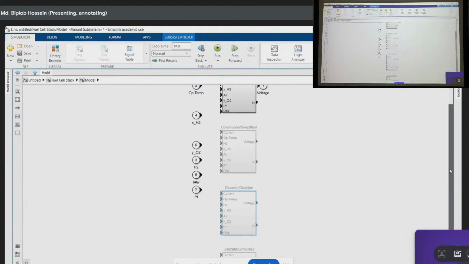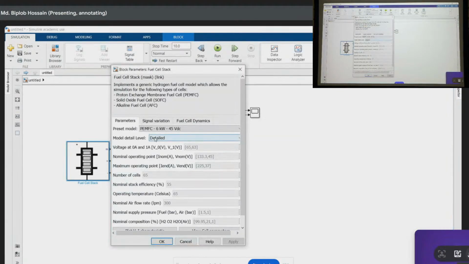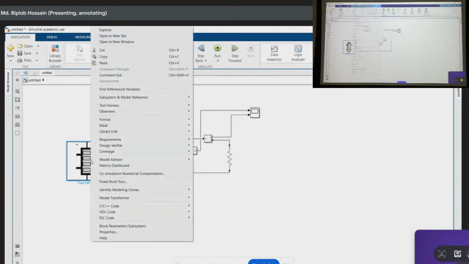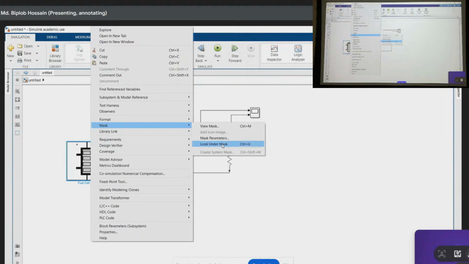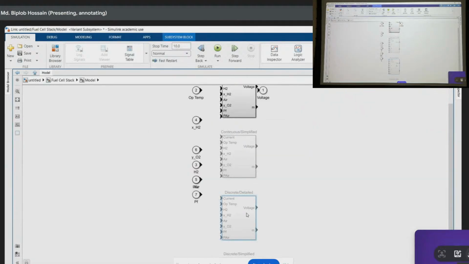For example, we are solving this model using discrete. If we click discrete here, and this is detail, then based on our input value here, they are using this one, discrete detail.